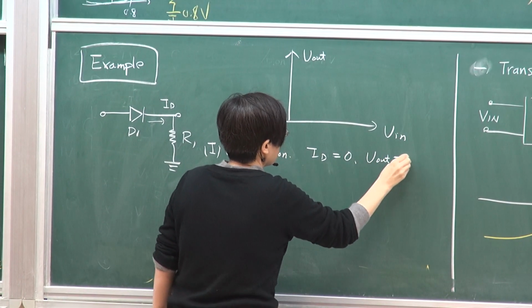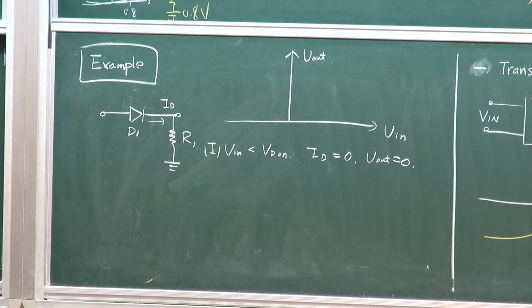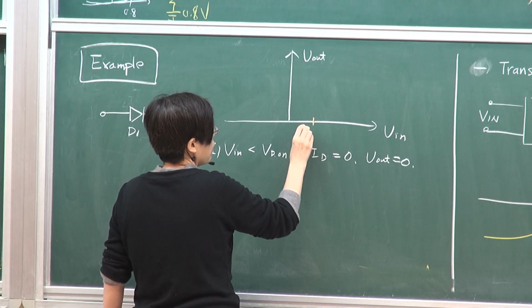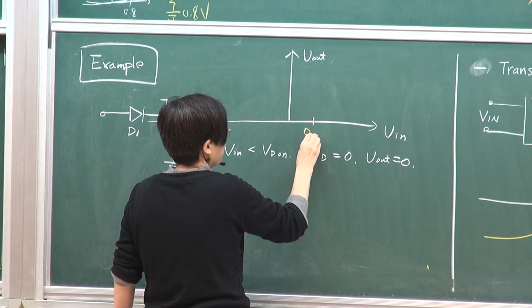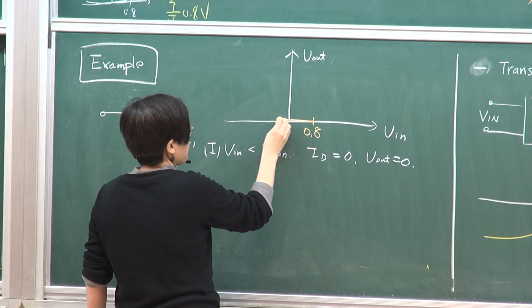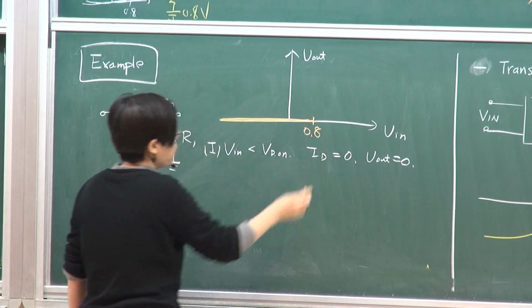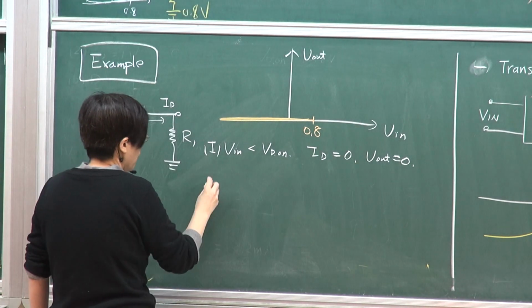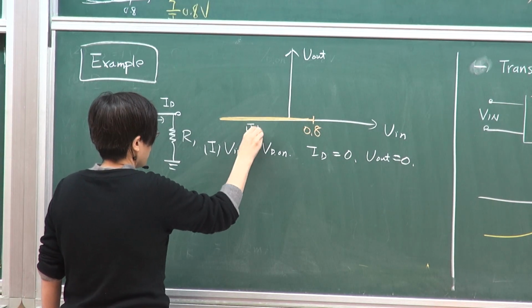So you're blocking the signal on the diode. So this is 0.8 volt. So it should be no current flow. No current flow, therefore no voltage.